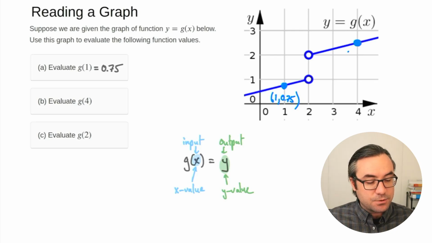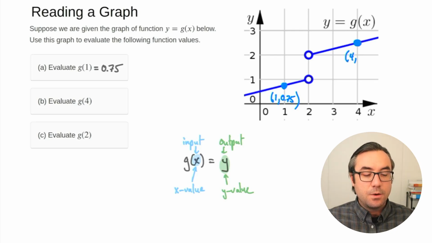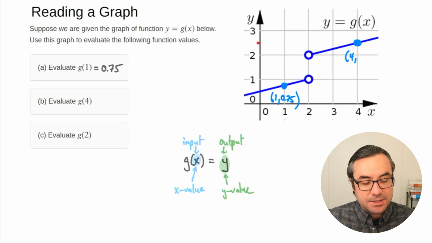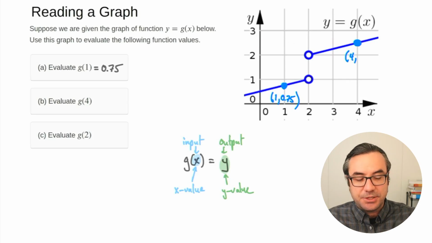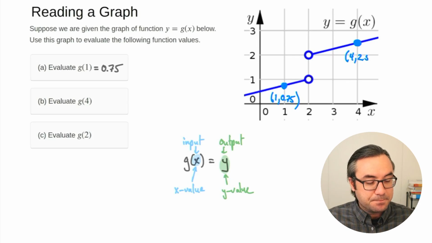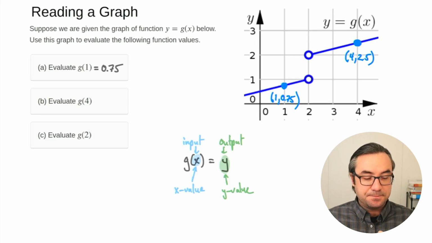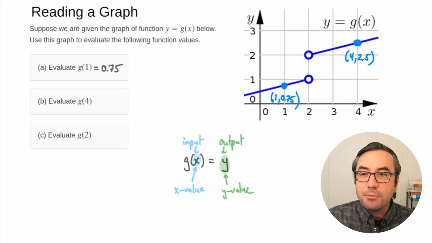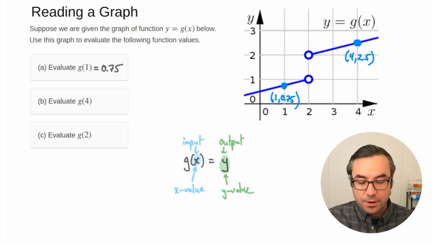I know my x-coordinate is 4. What's my y-coordinate? Well, I read over and estimate. It looks to be right in the middle, so I'm going to say 2.5. So that means the output of my function, g of 4, is 2.5.